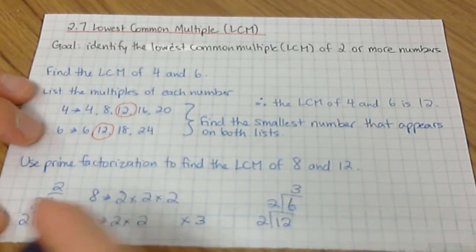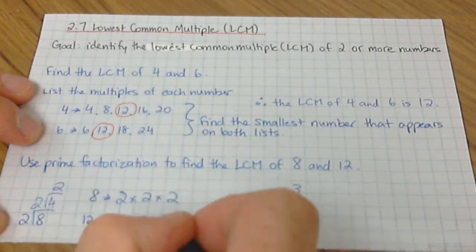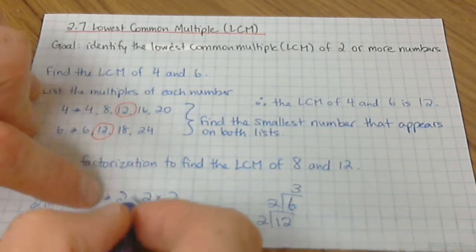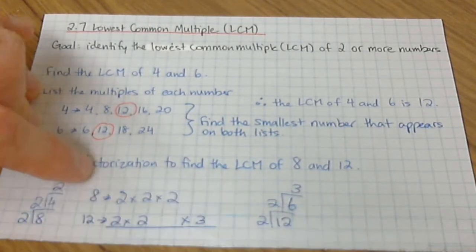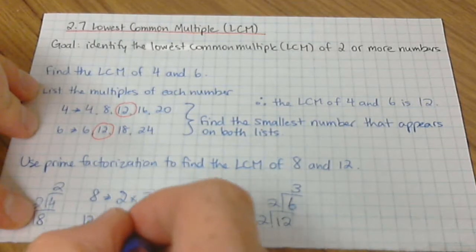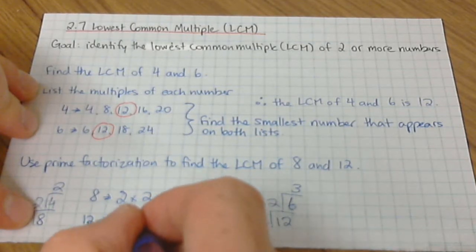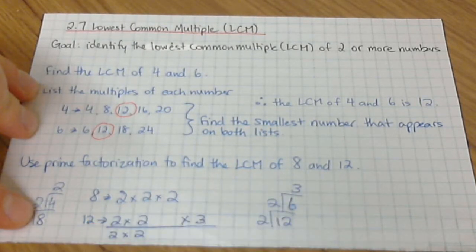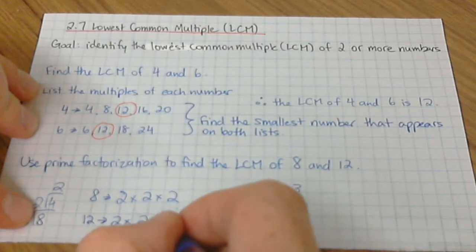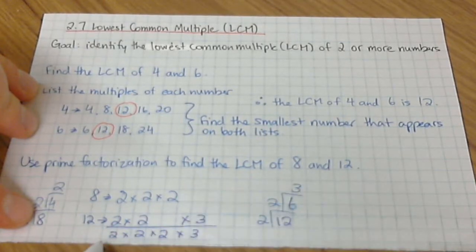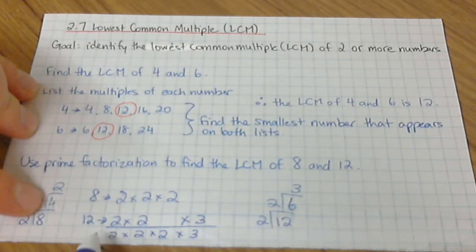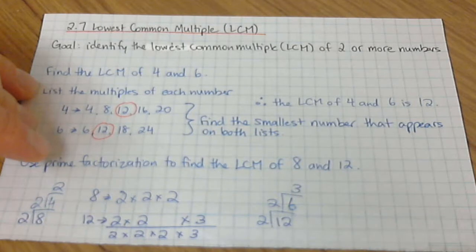I'm going to put it a little further over, because here's what I'm going to do. I have numbers that repeat on both lists. I'm only going to write them out once, so I have 2, and I carry down the multiplication, times 2, and then there's a 2 here that doesn't fit, and then a 3 here that doesn't fit. I'm going to multiply the repeated numbers, and then the ones that don't repeat. I'm going to line it up like that, and then multiply them all together.